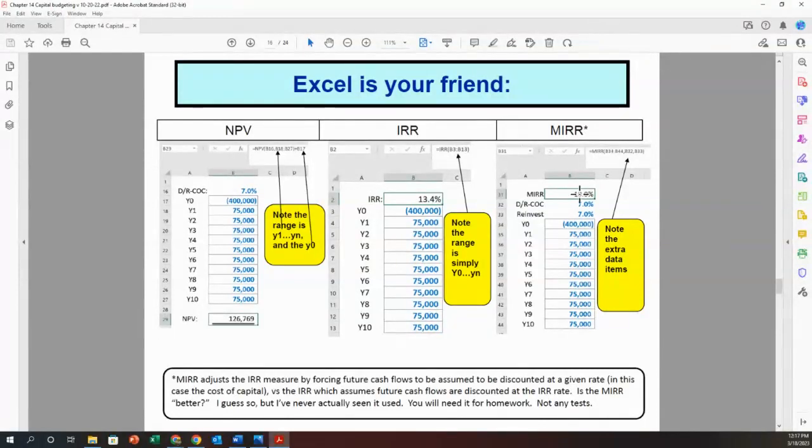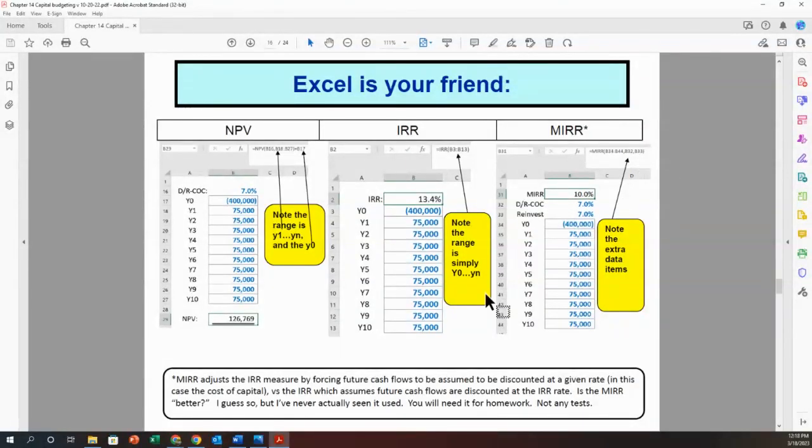Now, the MIRR, and I think I asked you to do one MIRR, the modified internal rate of return. We start with the year zero, we go to the year 10, we comma, we give a suggested discount rate, comma, and a reinvestment rate, comma.